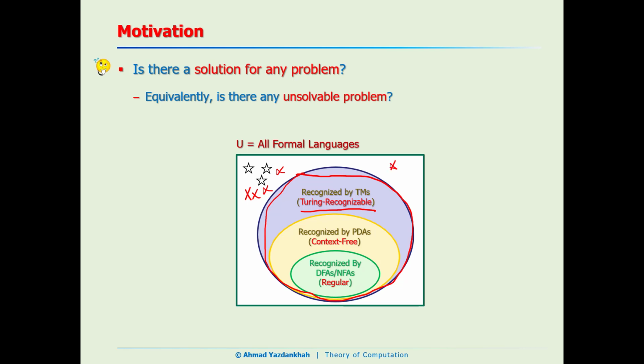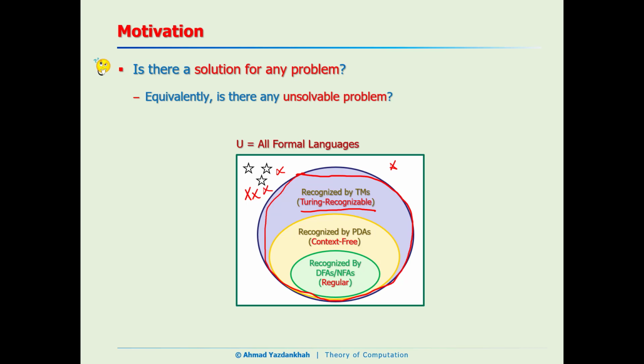Okay. Just as an FYI, I'm telling you that there is a theorem that says the set of all formal languages is bigger than the set of all Turing machines. It means that there are some problems that cannot be solved by the Turing machines. All right.